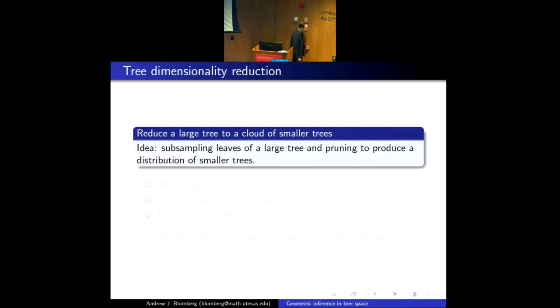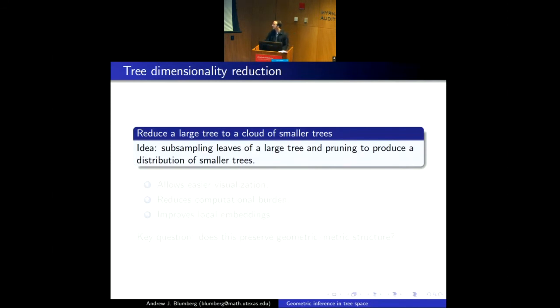But in order to deal with very large trees, and to preserve the tree structure, we worked on a method of dimensionality reduction that tries to preserve the geometric structure. And the idea is straightforward. You have a very big tree, and you subsample the labels of the leaves. And you take little trees that are formed by those leaves and the edges incident to them.